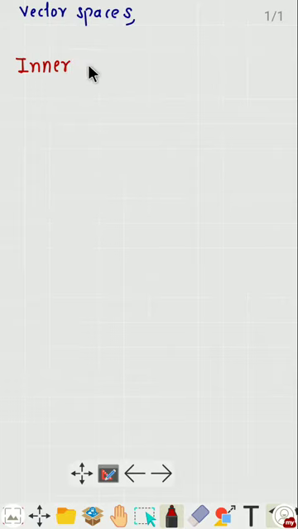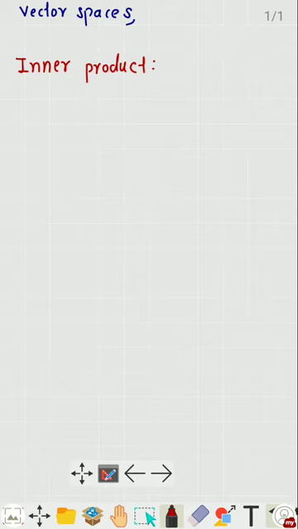An inner product on a real vector space V is a mapping which assigns a real number denoted by u, v to every pair of vectors.